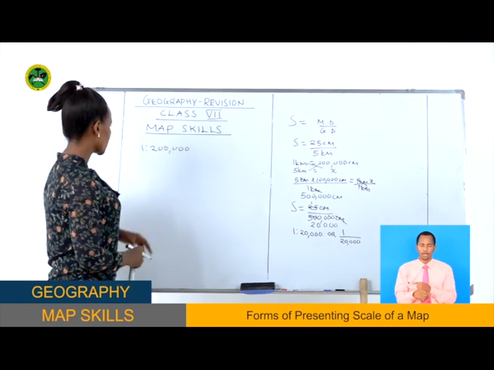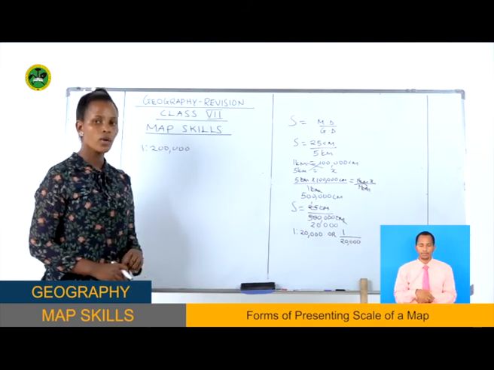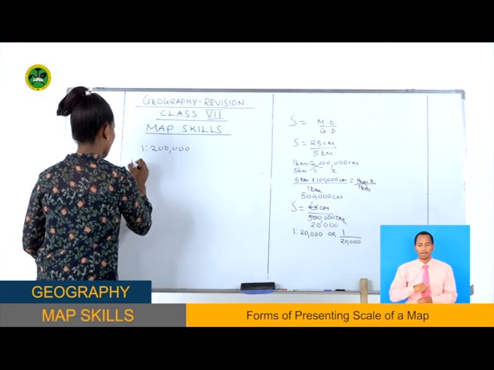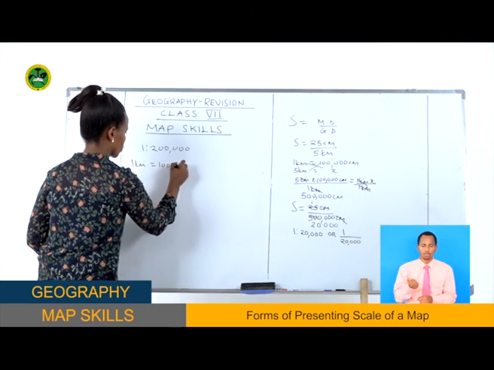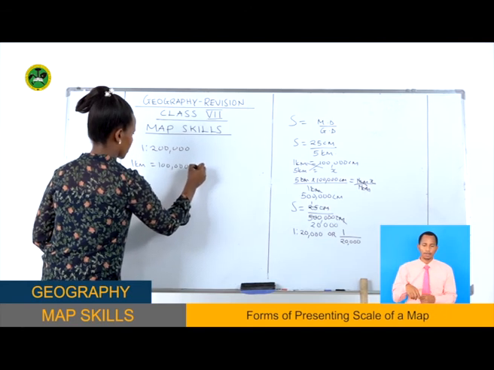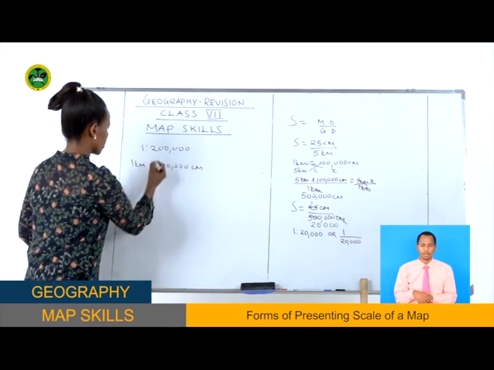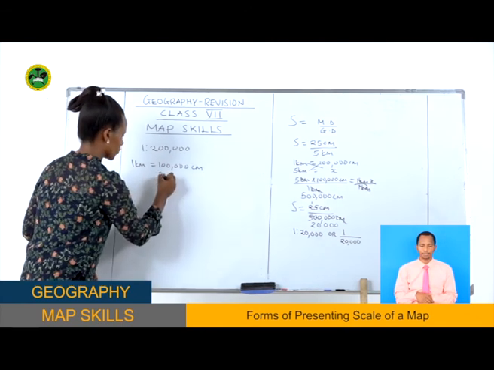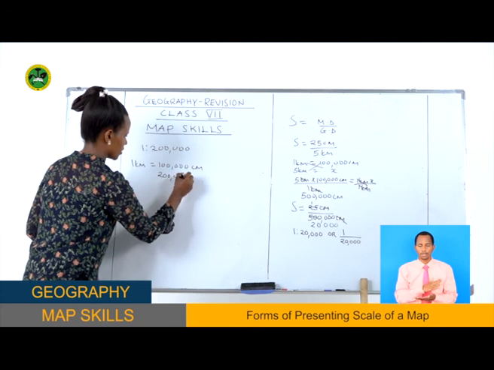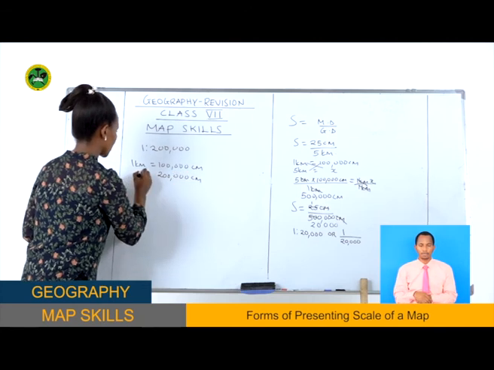How many kilometers will be represented by 1 centimeter? So you just take the constant formula from the metric table, which is 1 kilometer is equal to 100,000 centimeters. Then this is 200,000 centimeters. You put it on the side of centimeters. It will be how many kilometers?